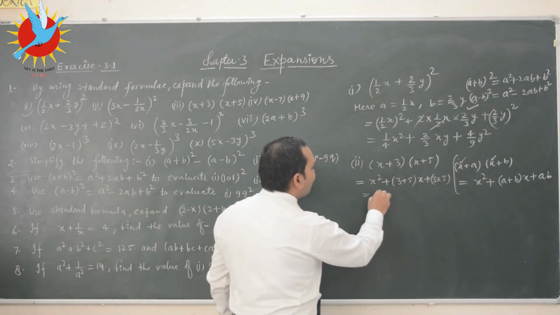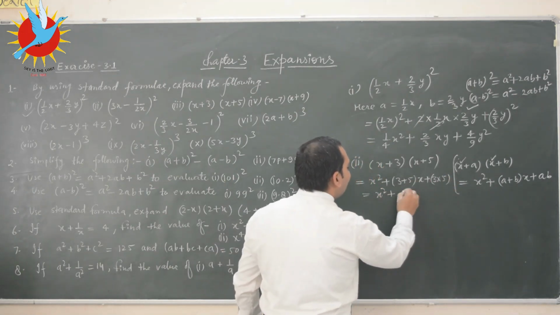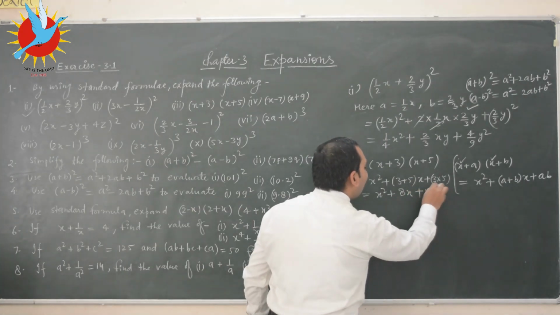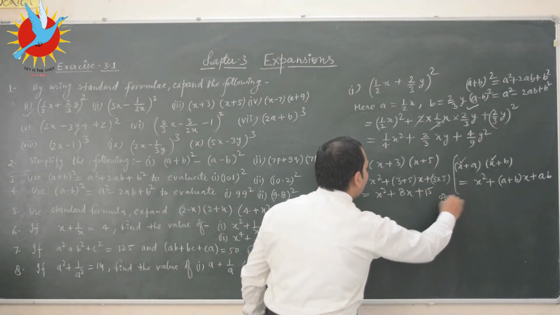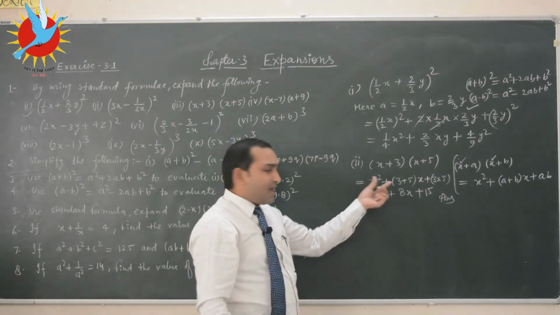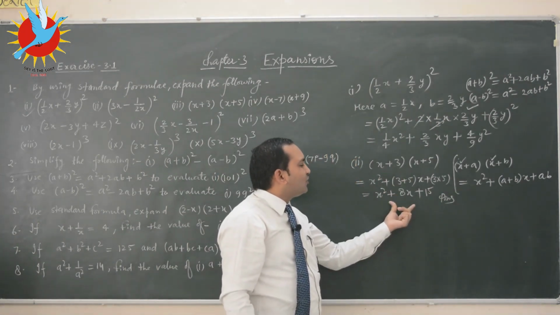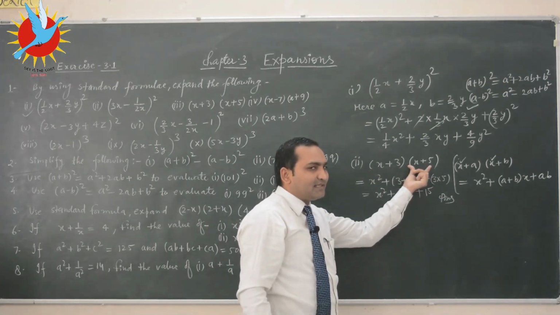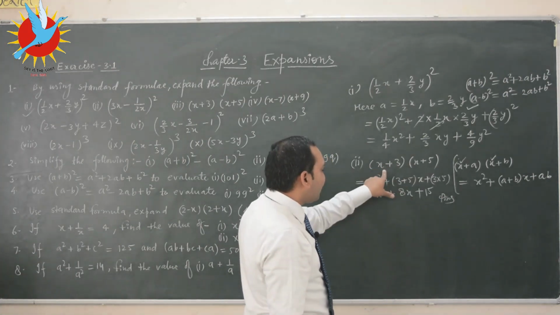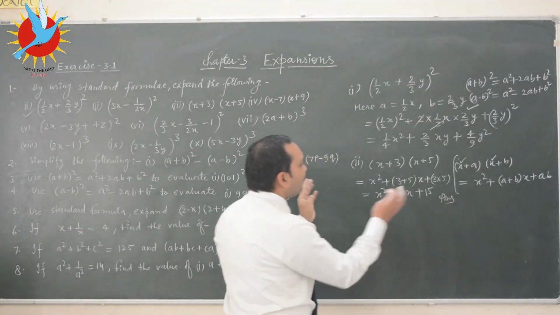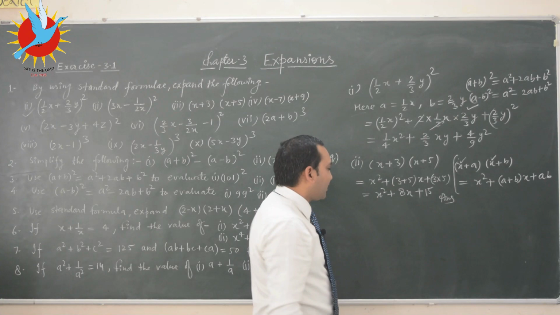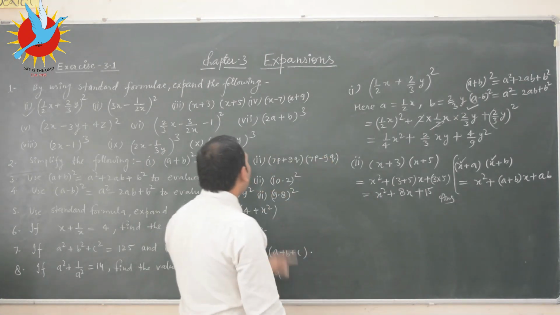So which is equal to x square plus 8x plus 15. So this is the answer. We can also find the same answer by multiplying the first expression with the second expression, and when we multiply together we get the same product.